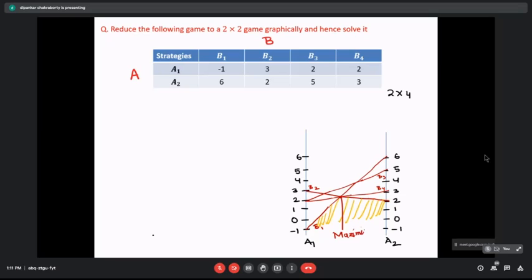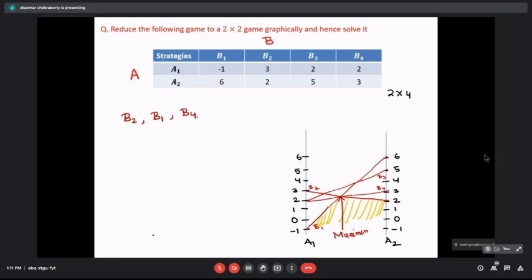Now you can see that this maximum point is coming from the intersection of B2, B1 and B4. Is it okay?